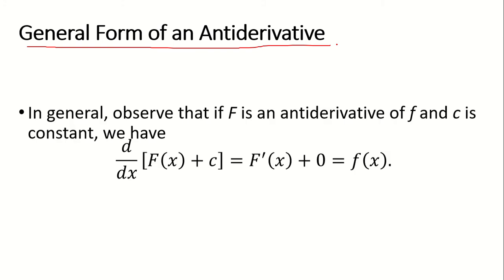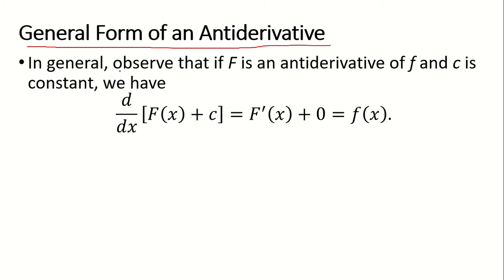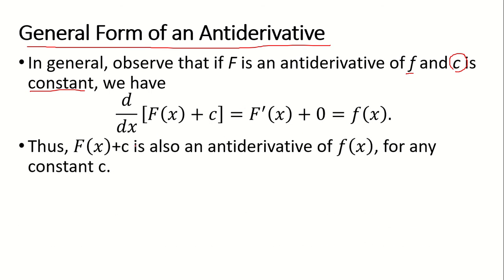Okay. Next, let's have the general form of an antiderivative. In general, observe that if capital F is an antiderivative of small f and c is a constant, we have the derivative with respect to x of capital F of x plus c is equal to f prime of x plus 0 is equal to f of x.